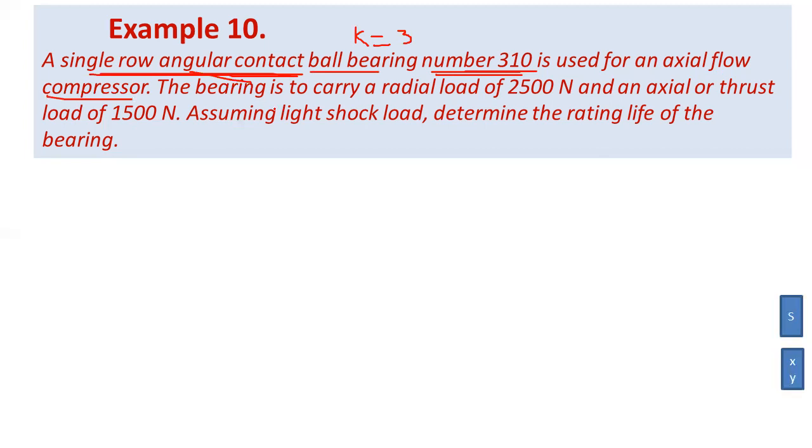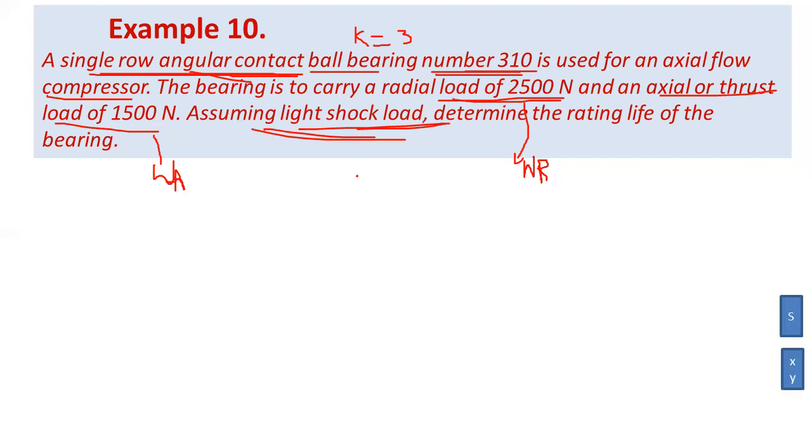The bearing is to carry a radial load, so the load is given, that is WR, the radial load. And the axial or thrust load WA is given, assuming light shock load. Here the type of service factor is given, that is light shock loads.